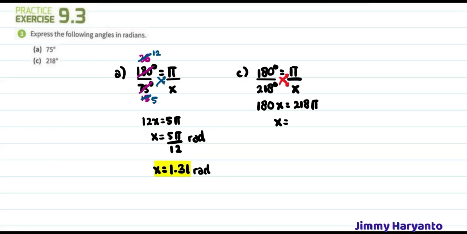That means x equals 218 pi divided by 180. So x equals, wait, let me calculate, 3.80 radians. Okay, so this is the final answer for C.